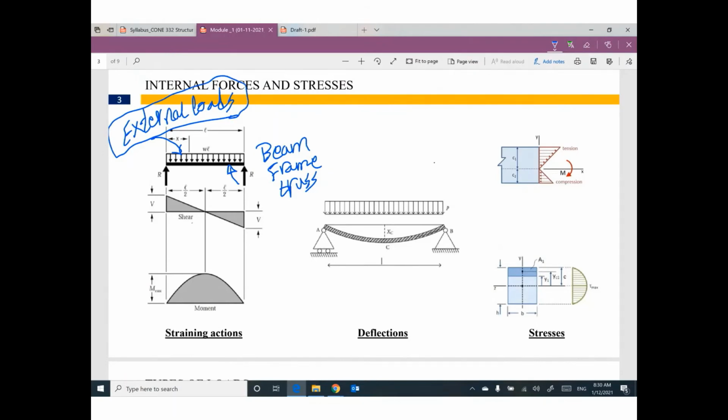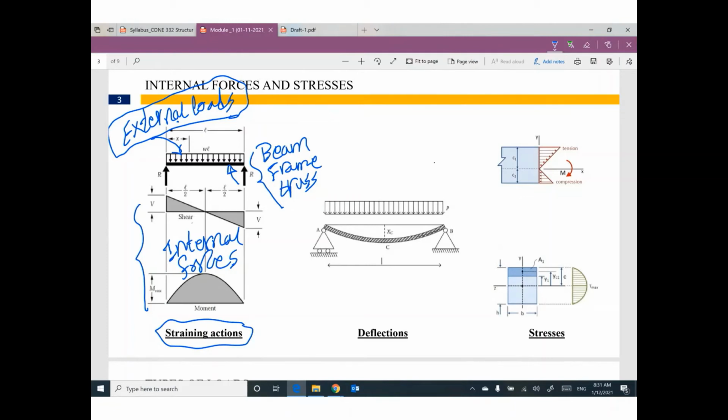As a person, as a student, you are an external load on the building that you occupy. So the external load on the structure will cause something called internal forces, or sometimes called straining actions.